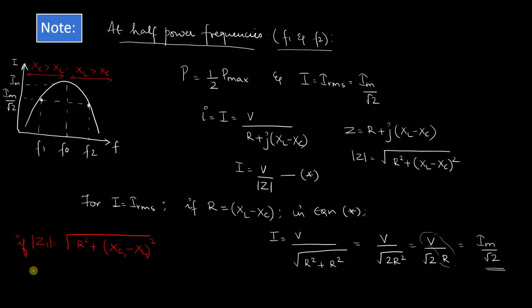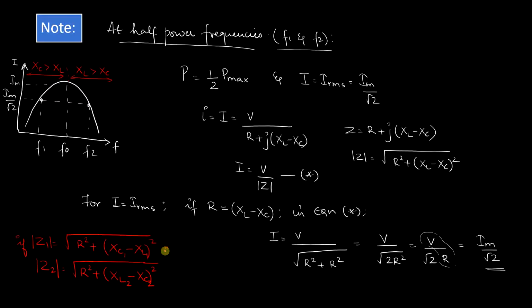So similarly, I can write the impedance for this part of the region, especially for the frequency F2, as R square plus, now in this case XL is greater than XC, so XL minus XC the whole square. Since I am considering a particular frequency F2, I can write this as XL2 and XC2.